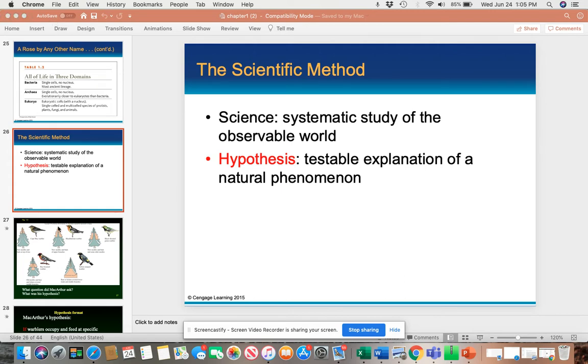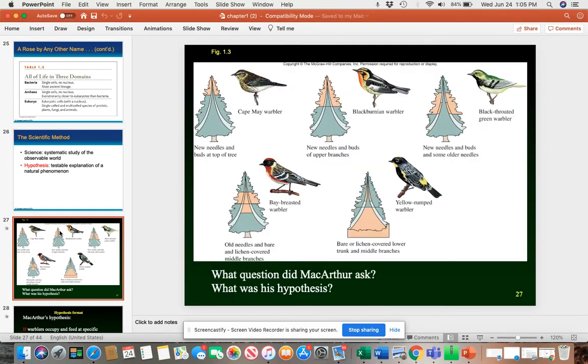So, for example, MacArthur once observed 5 species of warbler birds, all sharing the pine tree.